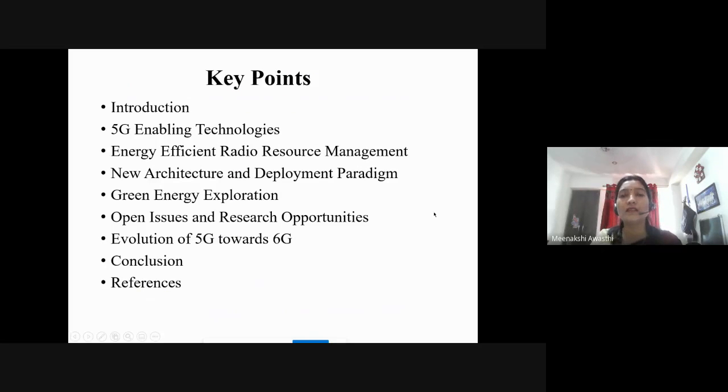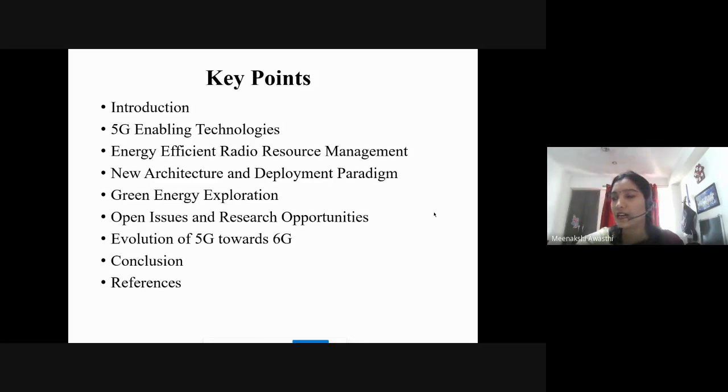These are the key points that I'll be covering today. First is the introduction, 5G enabling technologies, energy efficient radio resource management, new architecture and deployment paradigm, green energy exploration, open issues and research opportunities, evolution of 5G towards 6G, conclusion and references.